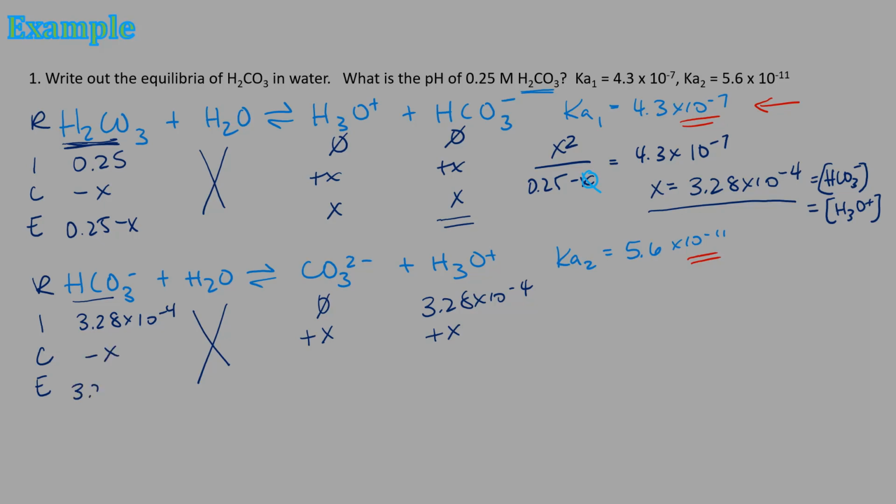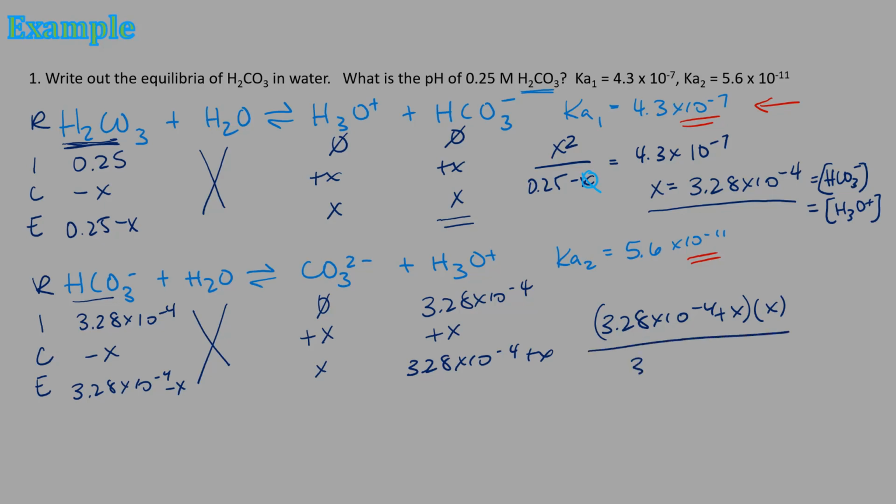So we end up with 3.28 times 10 to the negative 4th minus x, and 3.28 times 10 to the negative 4th plus x. I'm going to put that in my new equilibrium expression, and I end up with 3.28 times 10 to the negative 4th plus x, times x, divided by 3.28 times 10 to the negative 4th minus x.